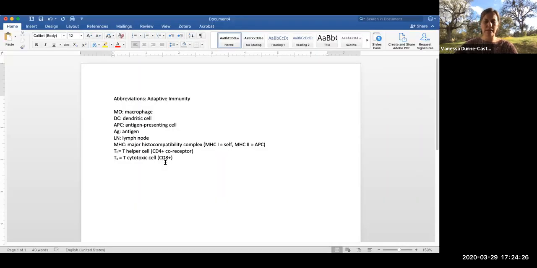And we'll just add a few things in here. So Ig, immunoglobulin. This would be either a B cell receptor or secreted as an antibody.